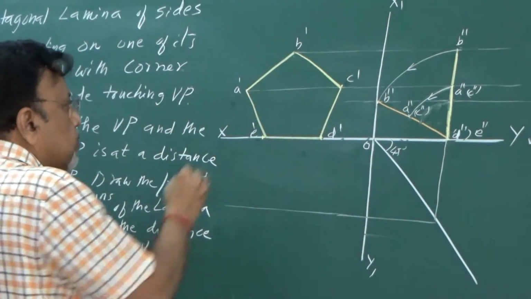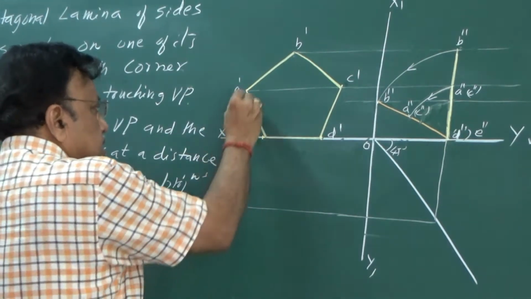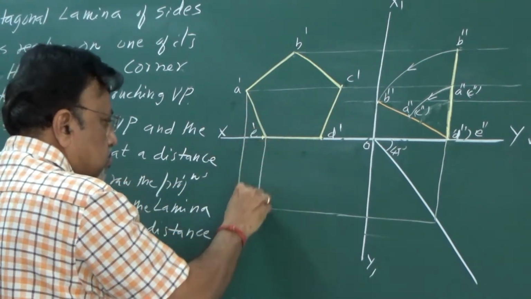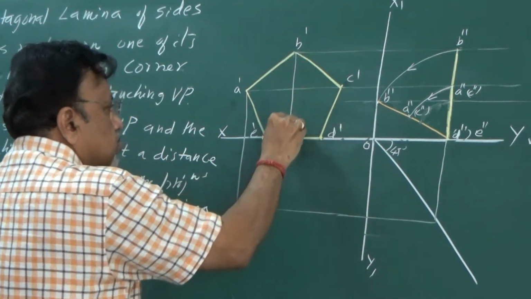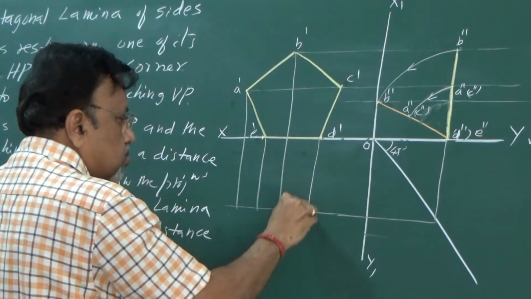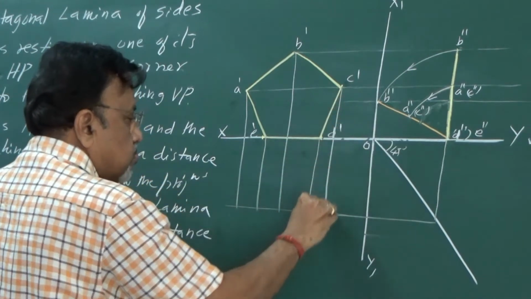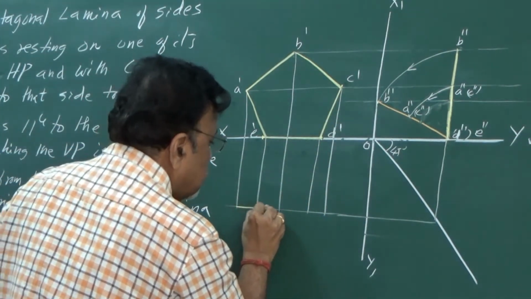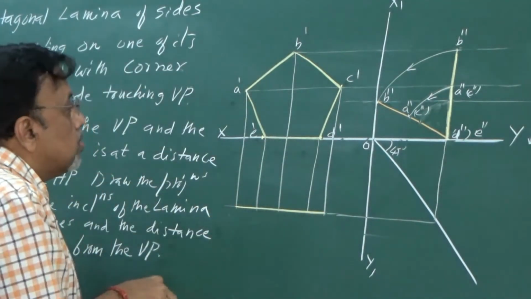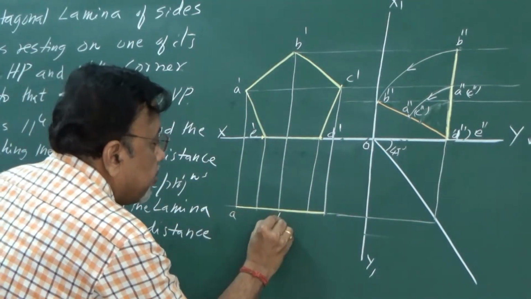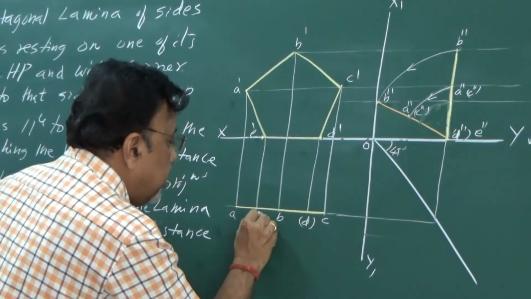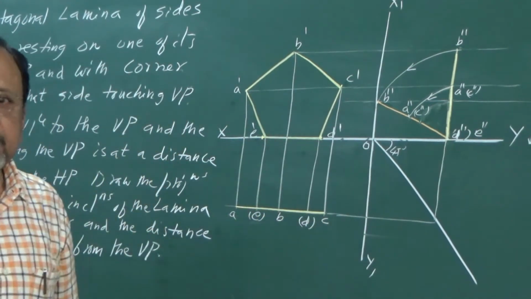So this is my original figure, original in the sense when it is parallel to VP. A, B, C, D, E.